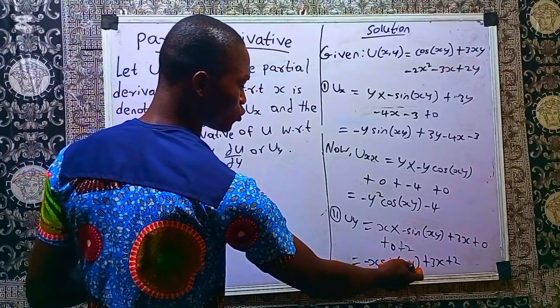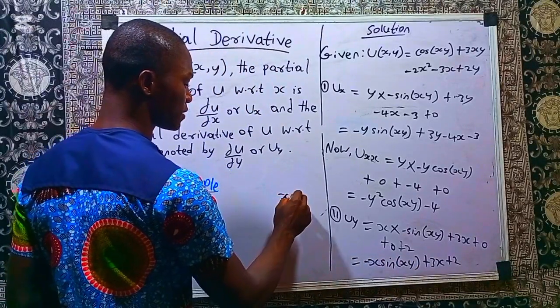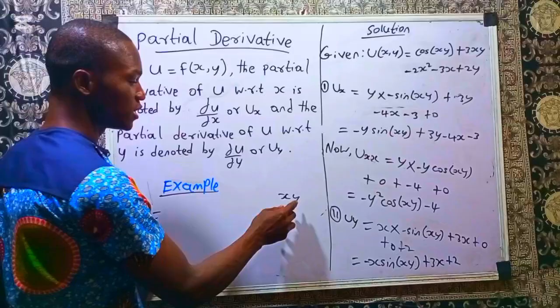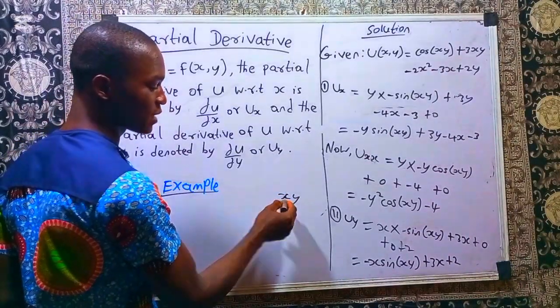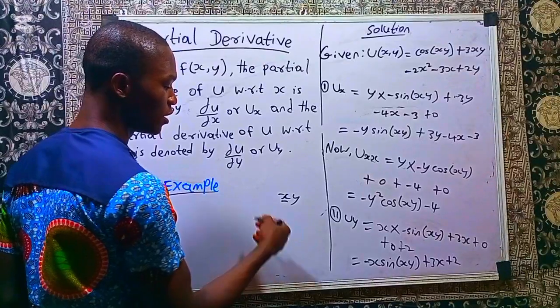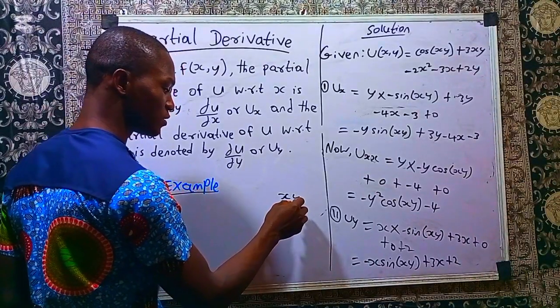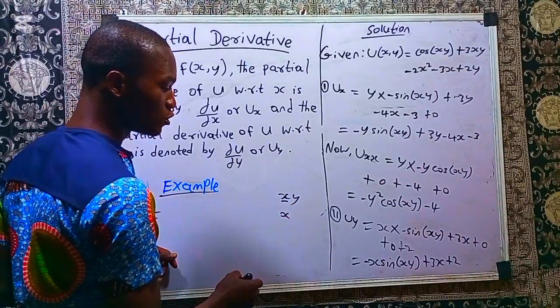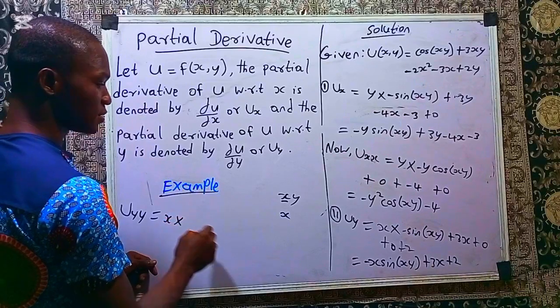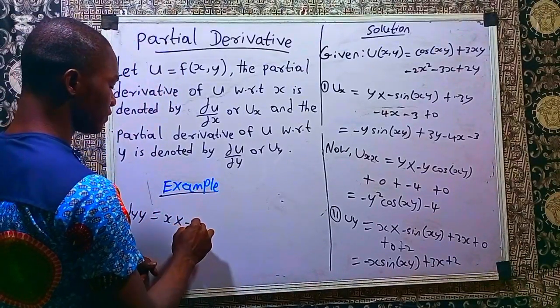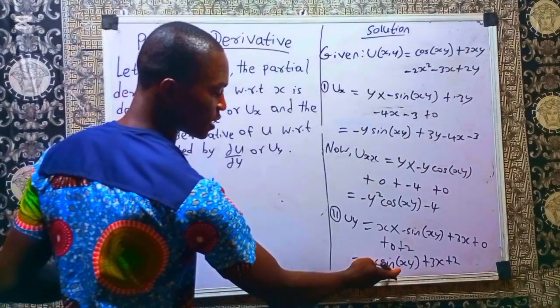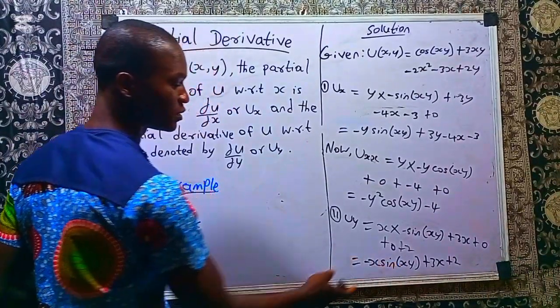So come to sine. The angle of sine is xy. So differentiate xy with respect to y. You are treating x as a constant, just as a number. If you differentiate it with respect to y, you get x. So you now have x times negative x. Differentiate sine, what will you get?